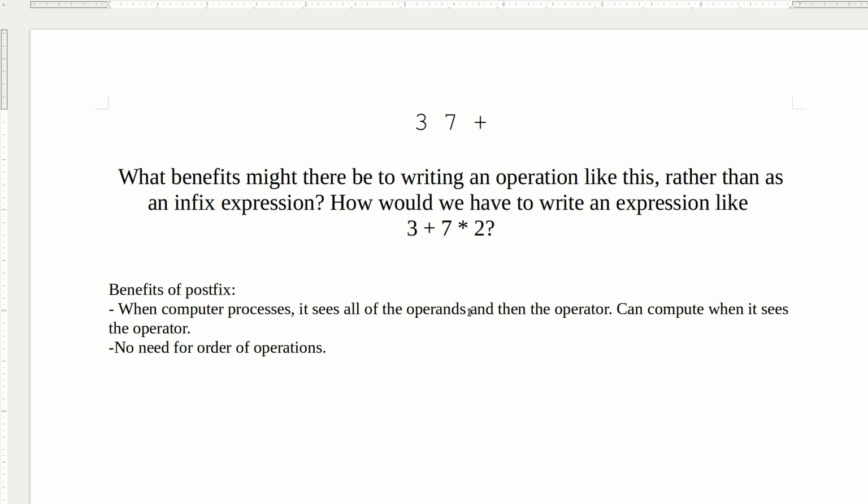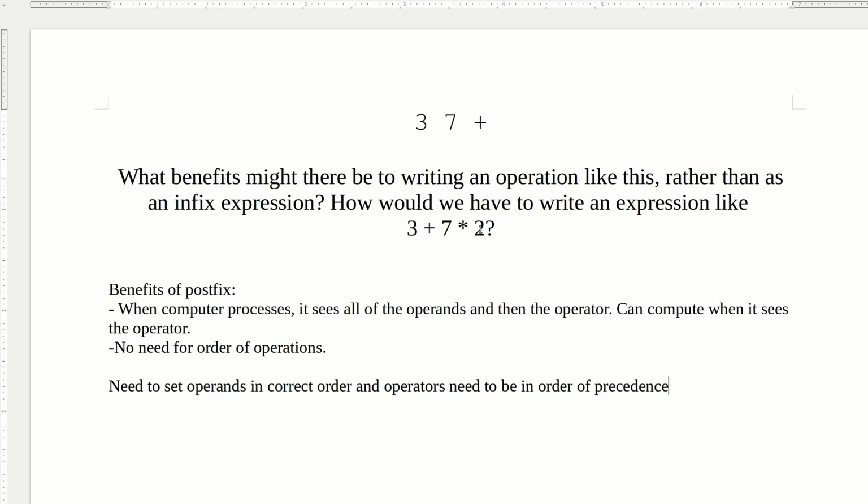So the trick will be, if we are converting a statement like 3 plus 7 times 2 into postfix, we need to set things up so that the operands are in the correct order and the operators are in the correct order of precedence, order of operations. So the operands have to be in the correct order and operators need to be in order of precedence.